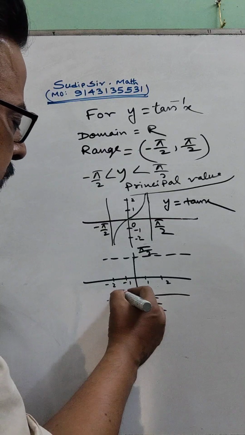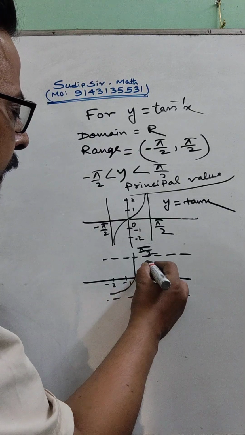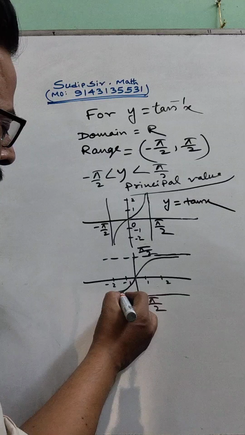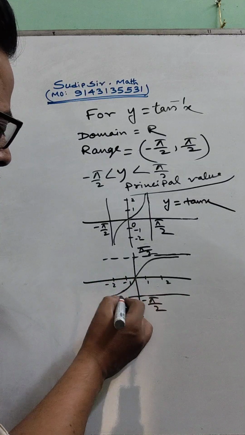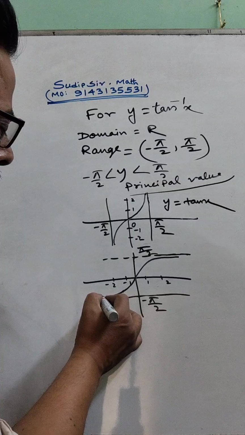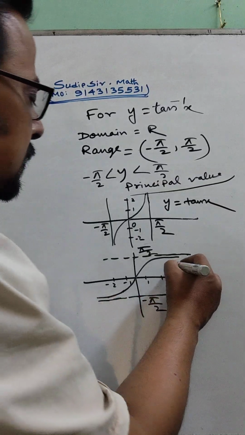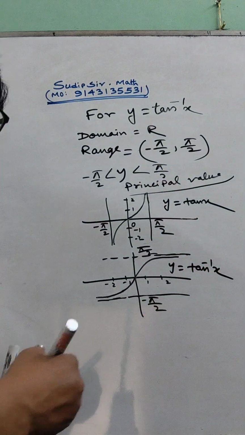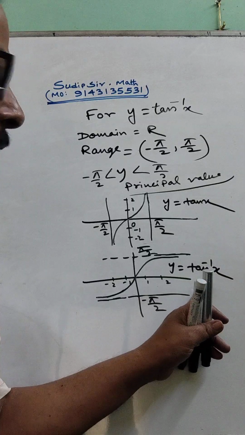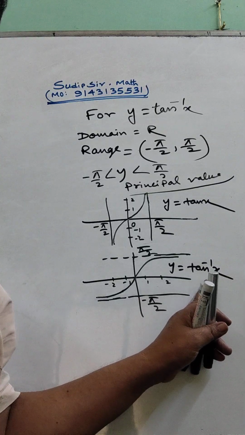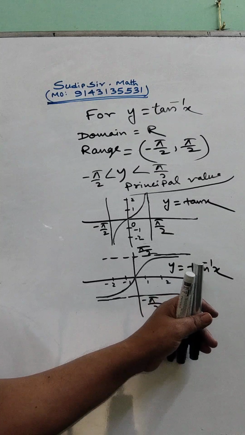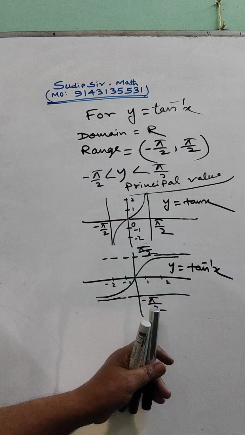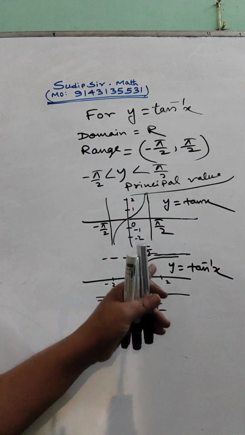And this will be asymptotes here, like this, pi by 2, and this part will be on minus pi by 2. Okay. So for y equal to tan inverse x, it has asymptotes at pi by 2 and minus pi by 2.